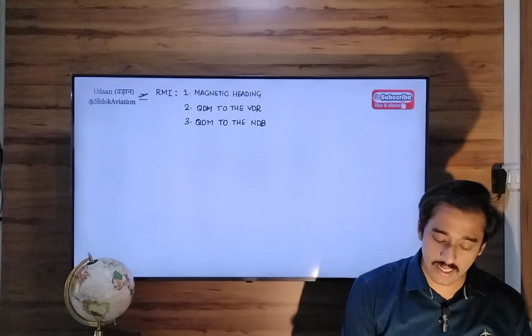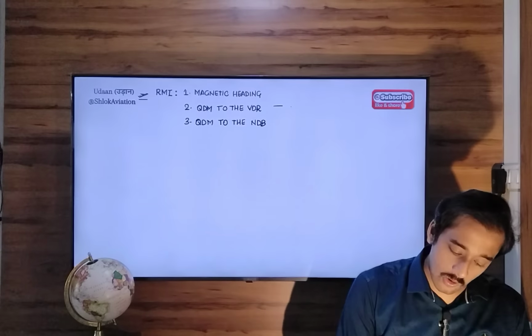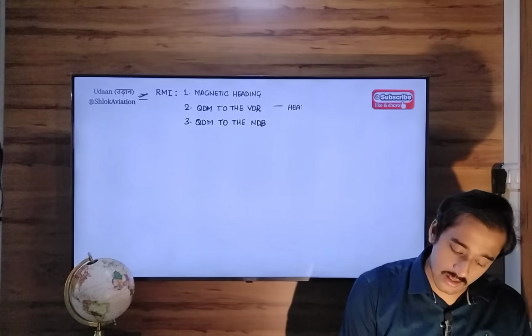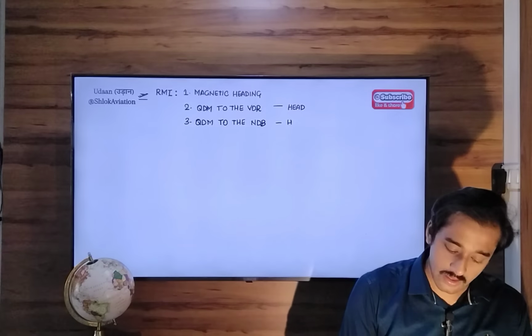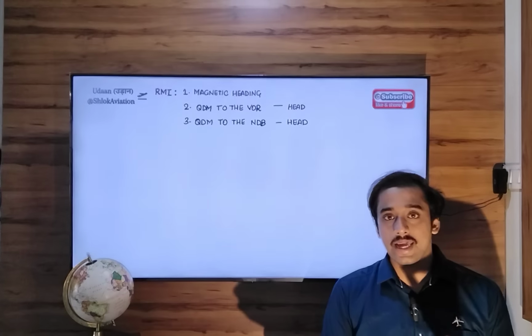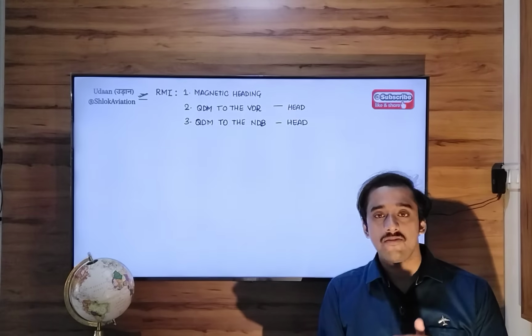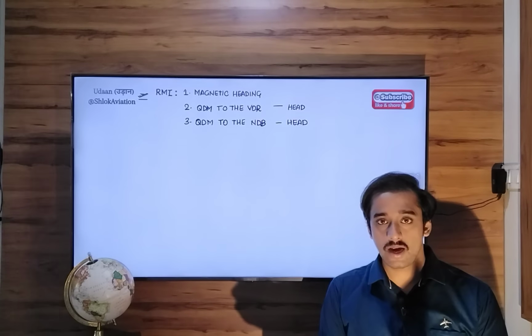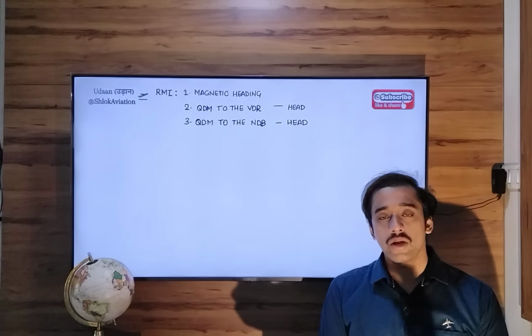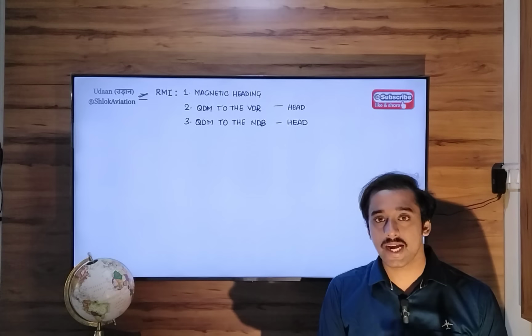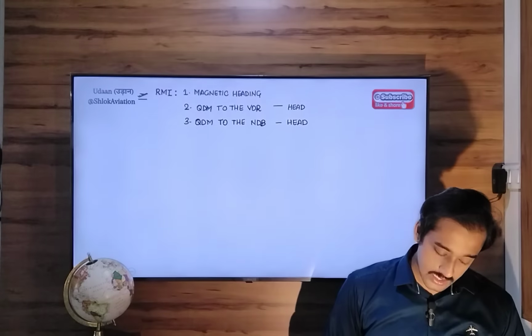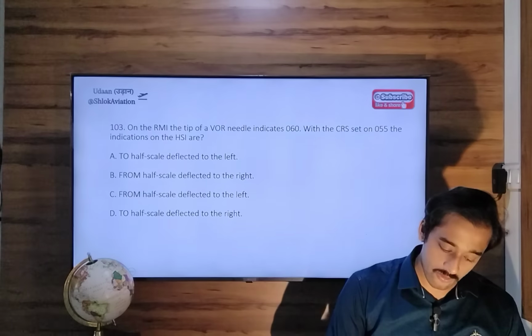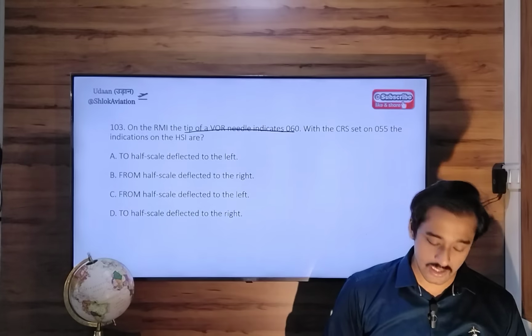Okay, so QDM is indicated by the tip of the needle, or head of the needle. If the head of the needle indicates QDM to the station, the tail will indicate QDR away from the station. So QDR is indicated by the tail. QDM is always indicated by the tip or the head of the needle. Now in this case, we are told the tip of a VOR needle indicates 060.